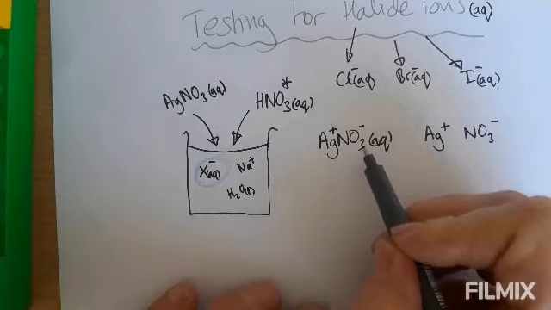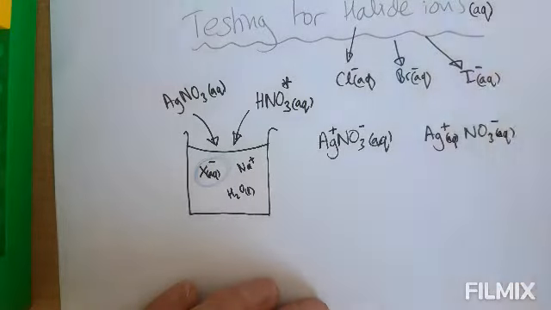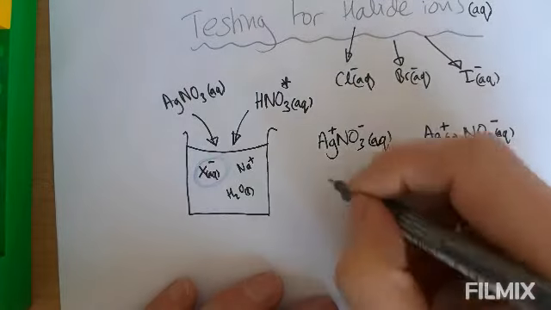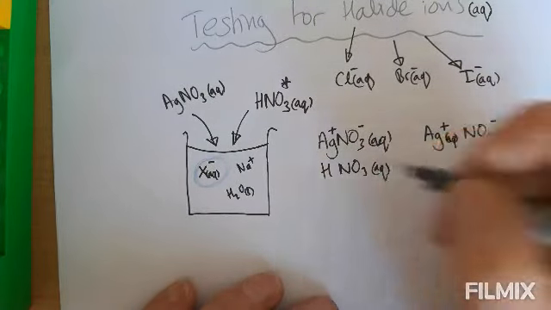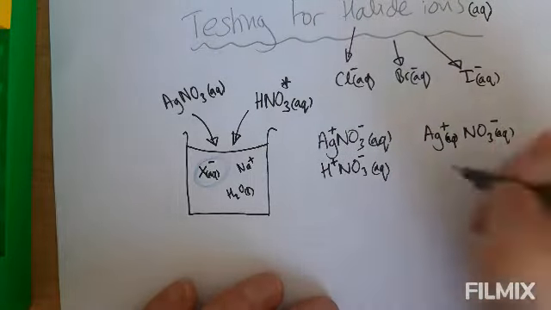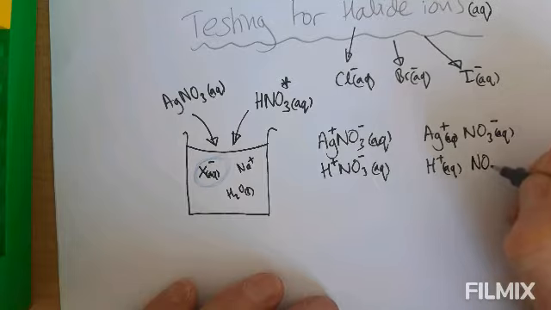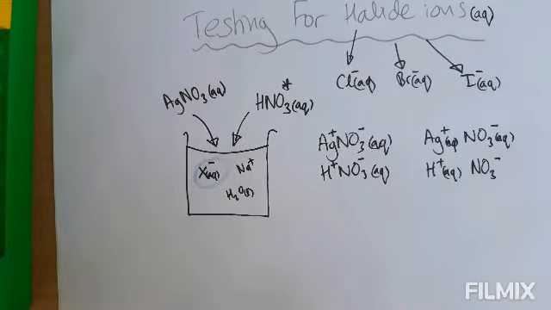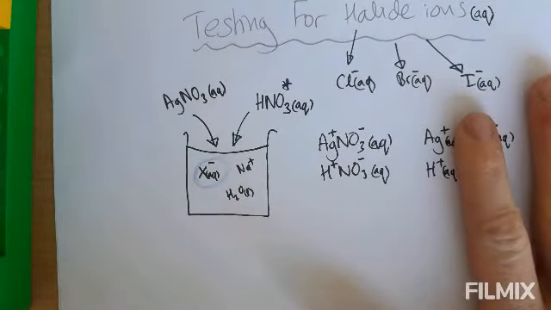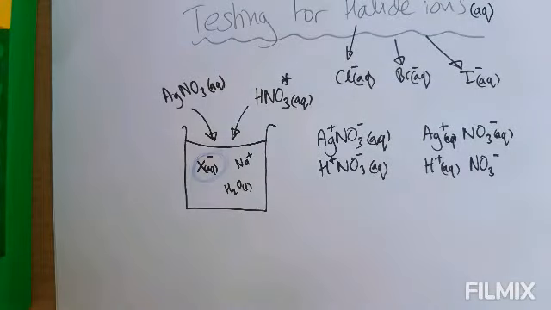So AgNO3 aqueous is silver ions floating around in solution and nitrate ions floating around in solution. HNO3 aqueous is made up of H plus ions and NO3 minus ions. The NO3 minus ions, the nitrates, are not important in any of these reactions. What are important are the silver ions and the acid ions, the H pluses.